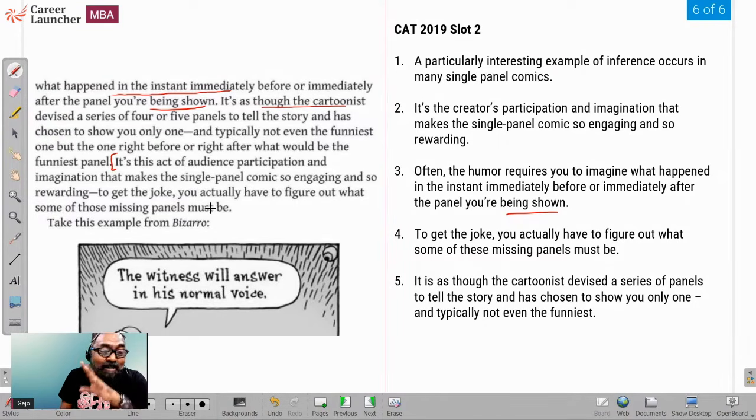It is right there in the middle of the conversation: it is an act of audience participation and imagination. The sense was audience. You know what the question setter did? Picked the sentence exactly as it is, then changed audience to creator and gave it to us.